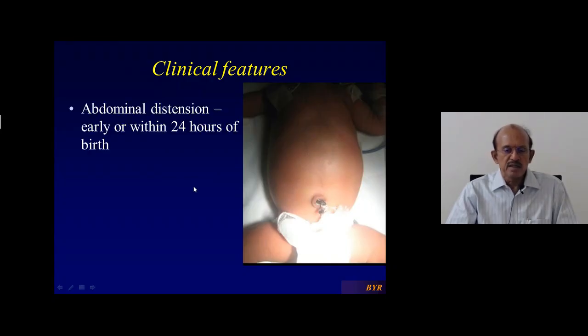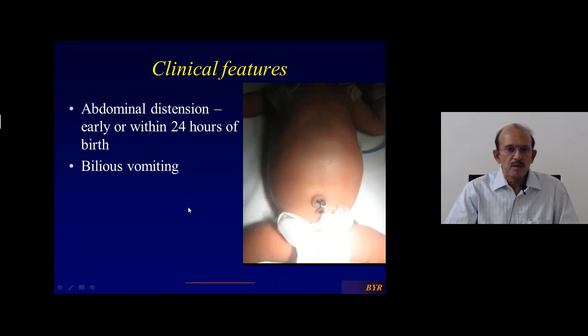Clinical manifestations: abdominal distension early or within 24 hours after birth, bilious vomiting. How do you differentiate this condition from duodenal atresia? Duodenal atresia also manifests with bilious vomiting from the birth itself. So how are you going to differentiate?